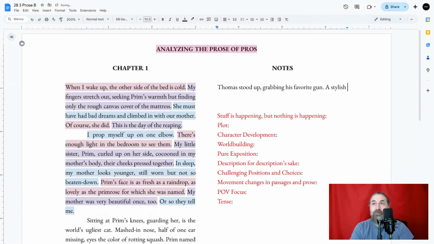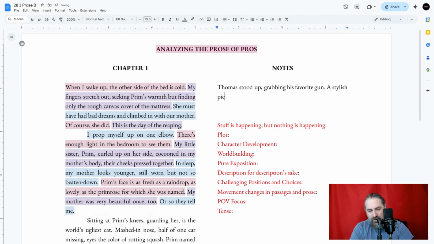Stylish. Piece given to him as a gift. Given to him. 40th birthday. Okay, I can't spell. All right. Thomas stood up, grabbing his favorite gun. The logical narrative is now I could kind of describe it.